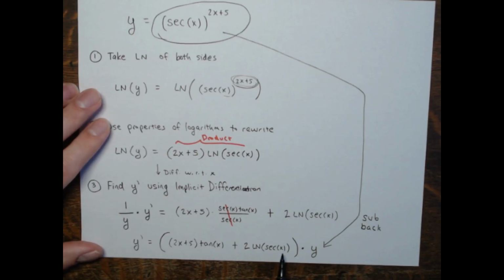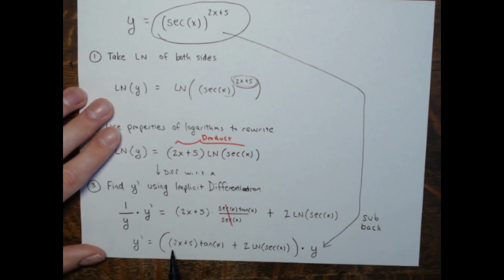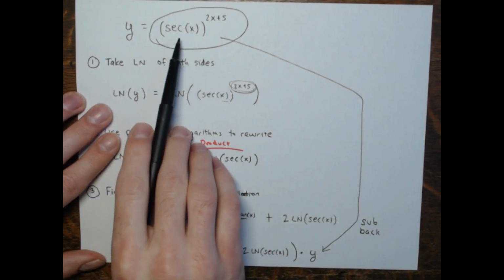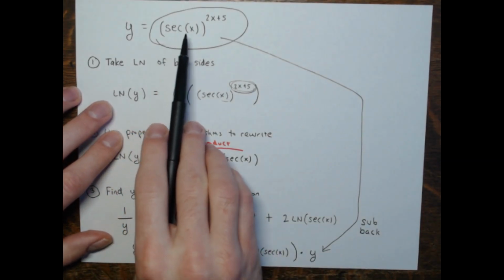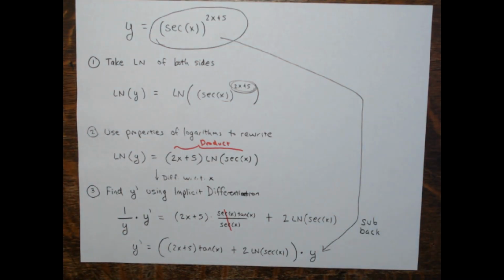All right, so what I'm going to type here is, y prime equals, and in parentheses, this entire right side before I multiply by y, the 2x plus 5 times the tangent of x plus 2 times the natural log of the secant of x, all of that times y, retyping the secant of x to the 2x plus 5 power.